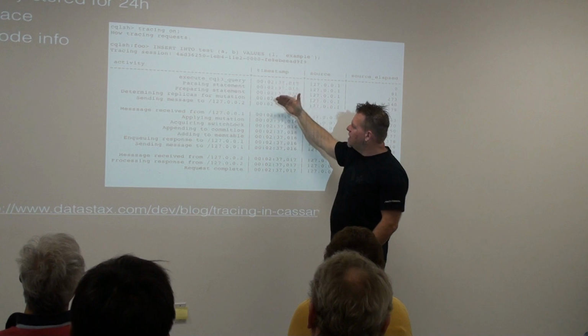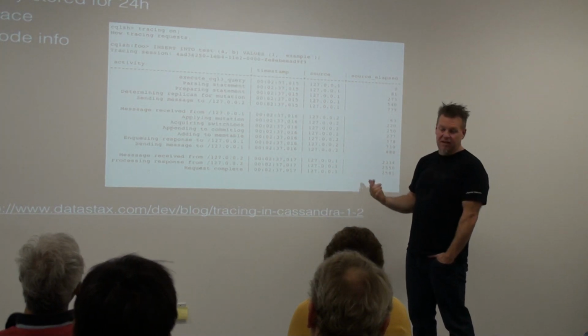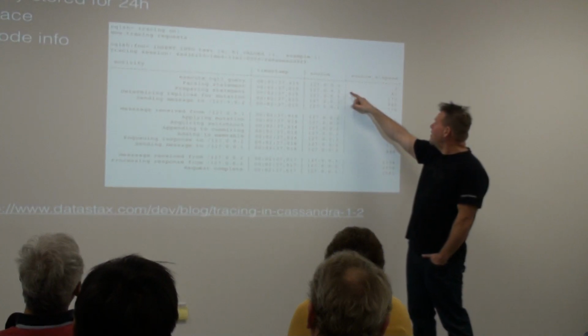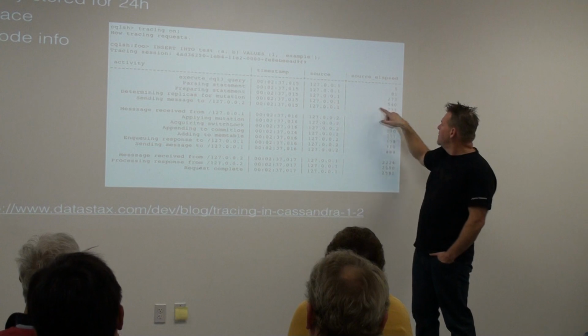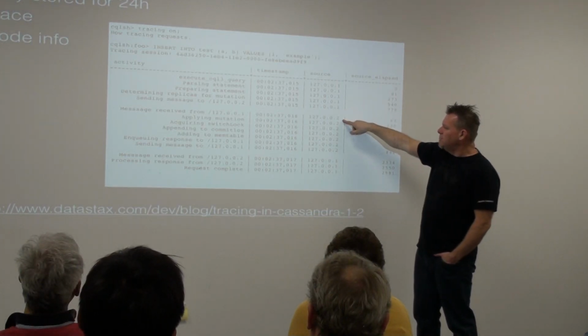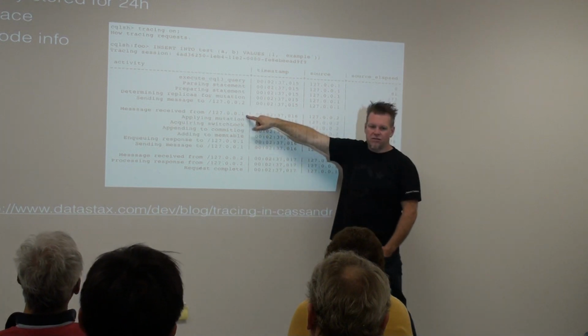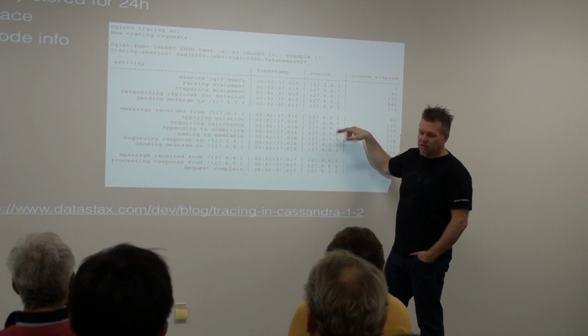When we run the trace, we get to see exactly what happens. What you see here is pretty cool: not only are you seeing what server in the cluster ran it, you also get the elapsed time in milliseconds. Now it jumped, receiving a message from 127.0.0.1, so it's actually showing you the trace across the cluster.